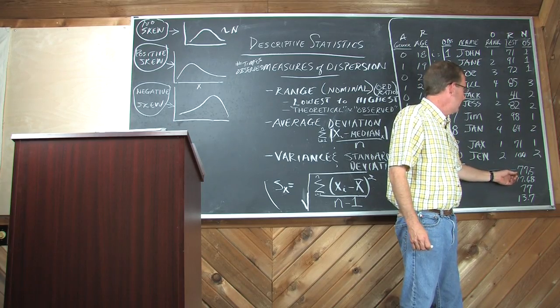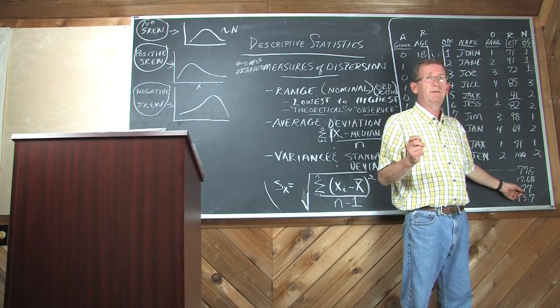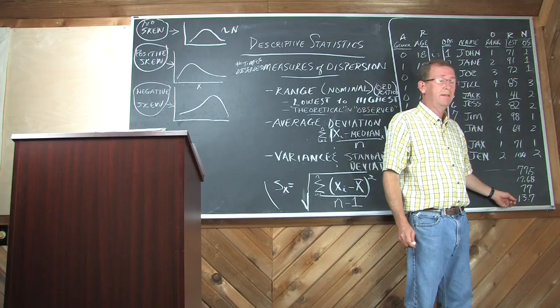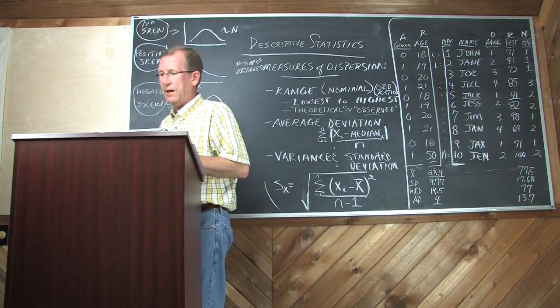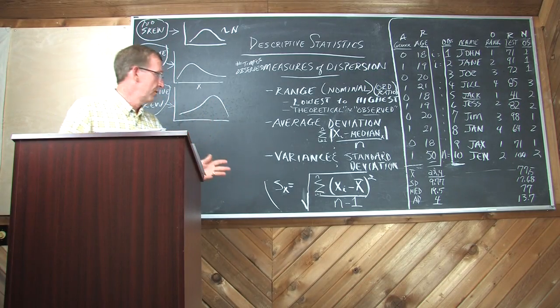The grades, average, the mean is 77.5. This is versus 77 for the median, so they're very close. 17.68 on the standard deviation and 13.7 on the average deviation. The differences there would go away if we had a lot more data.